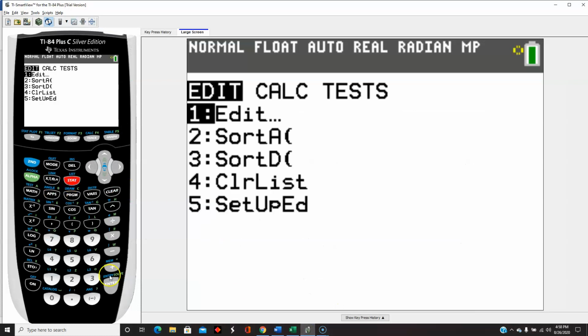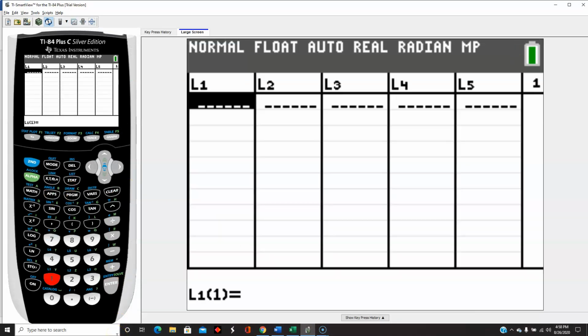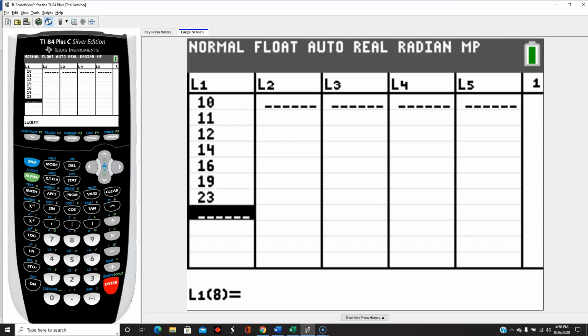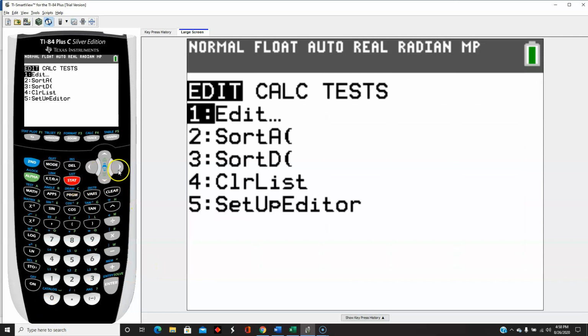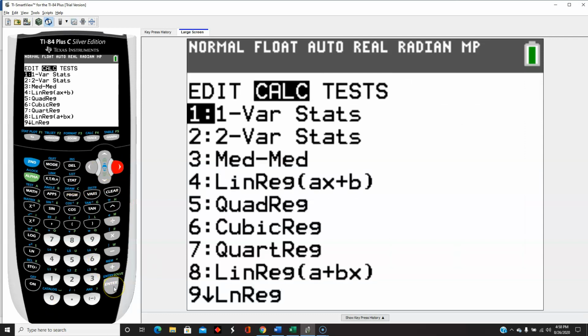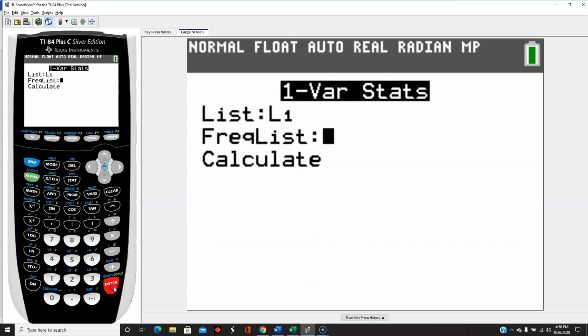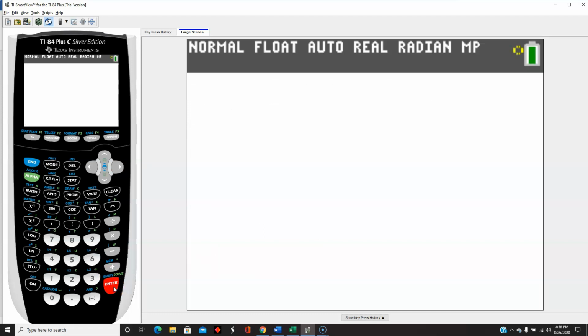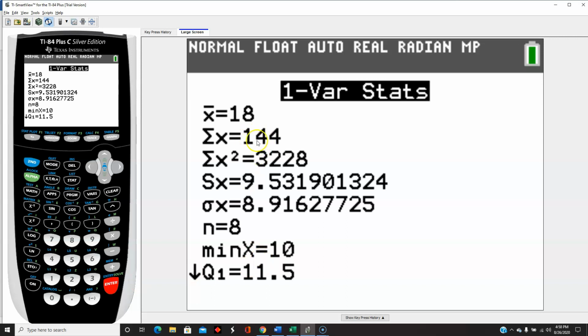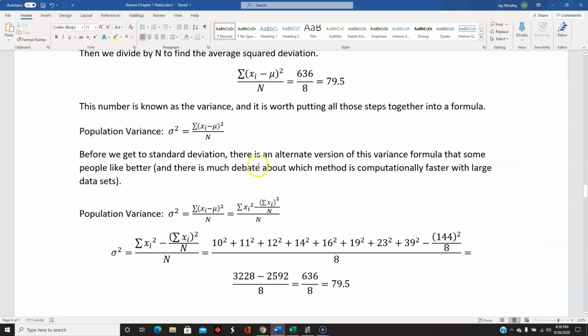If I put the numbers in our data set into the calculator, 10, 11, 12, 14, 16, 19, 23, and 39, and I asked the calculator to do some number crunching, which is stat, calculate, one variable statistics on list 1, notice it gives me that the sum of the x's is 144, and it gives me that the sum of the x squared is 3228, which is that same 3228 that we had right here.